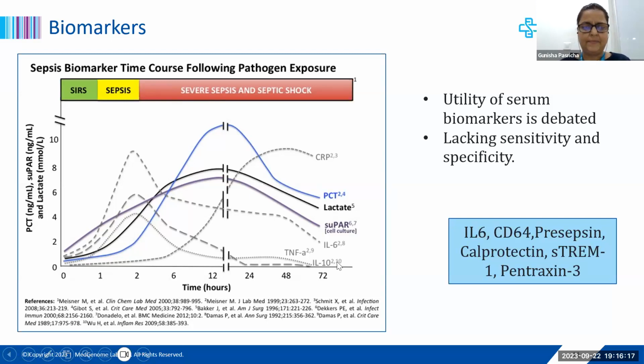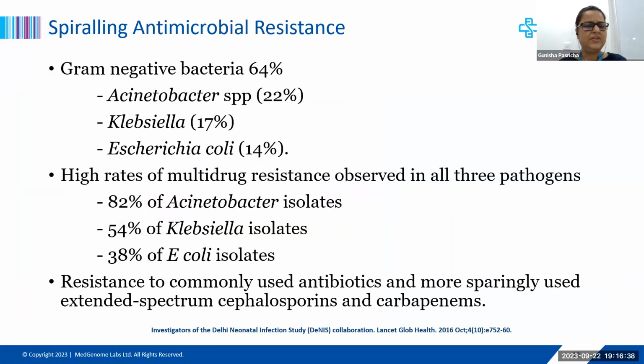There is a lack of sensitivity and specificity, it's always debatable, and there are varying opinions when you do a literature survey. Apart from the ones mentioned here, specialized biomarkers are also used, but again, they lack sensitivity and specificity.